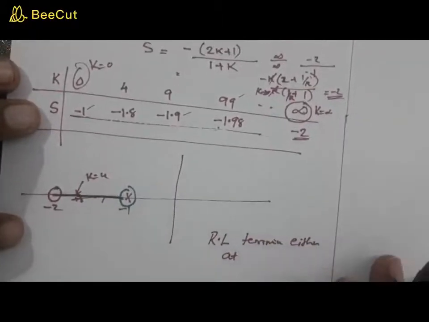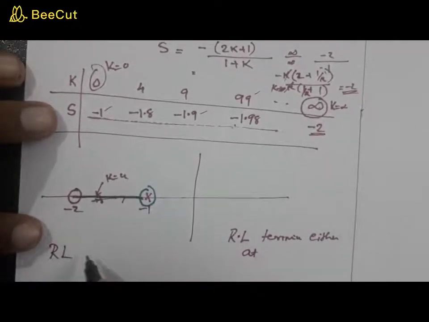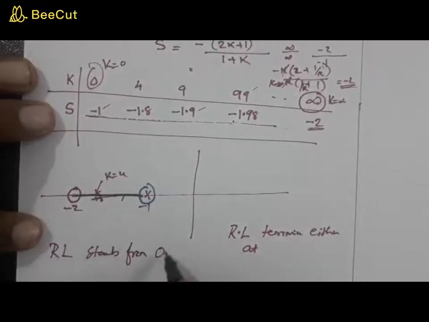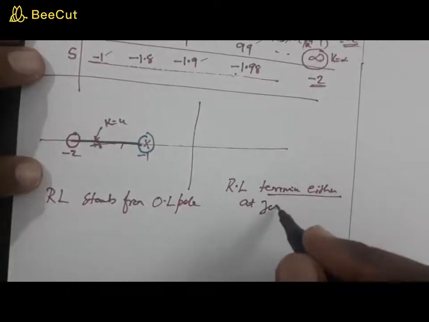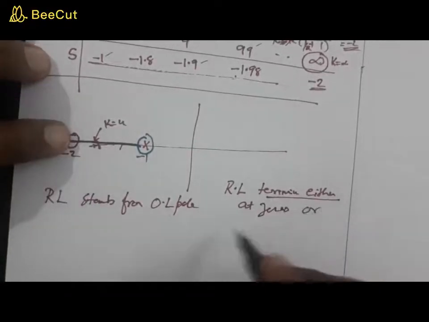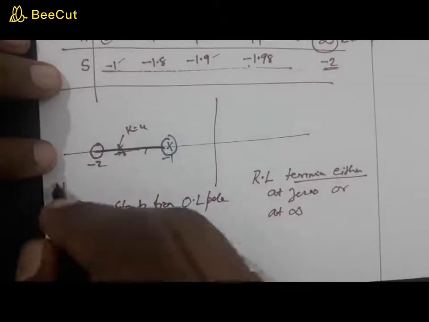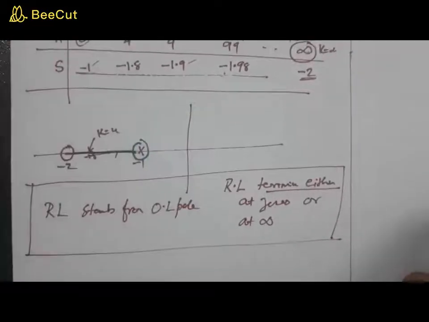So all root locus starts from where? It starts from an open loop pole, while the root locus terminates either at a 0, as in this example, or at infinity. Okay, so these are the two things that you can conclude from this problem.